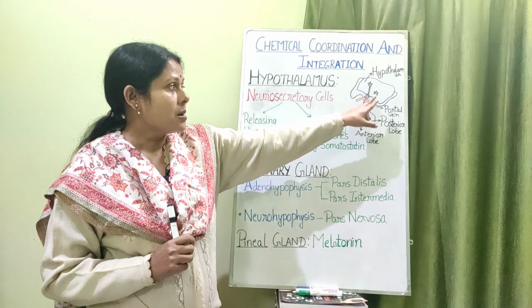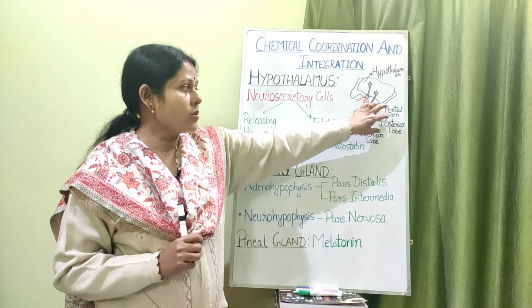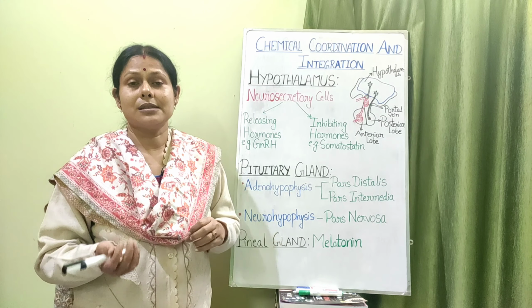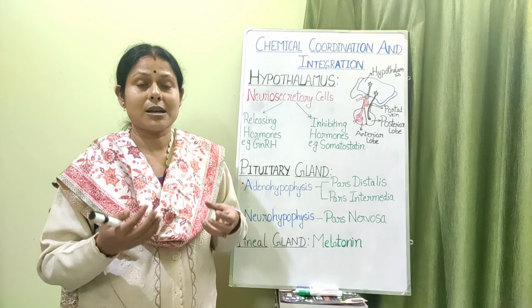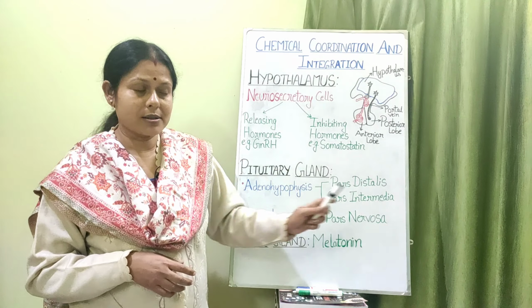They are carried by these neurons and stored in the posterior pituitary lobe and released from time to time according to the need of the body. So that is how the neurohypophysis functions, which is known as the pars nervosa.